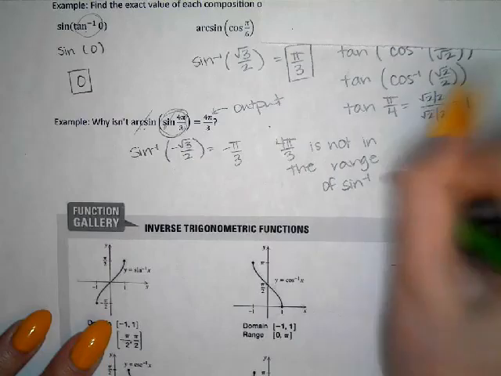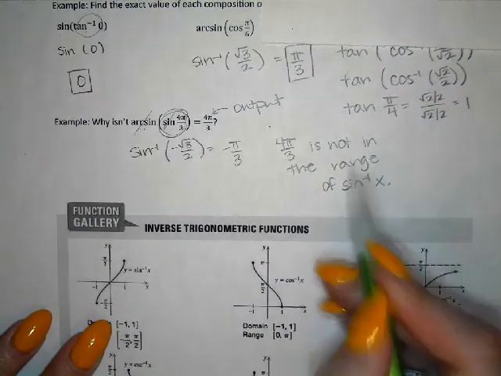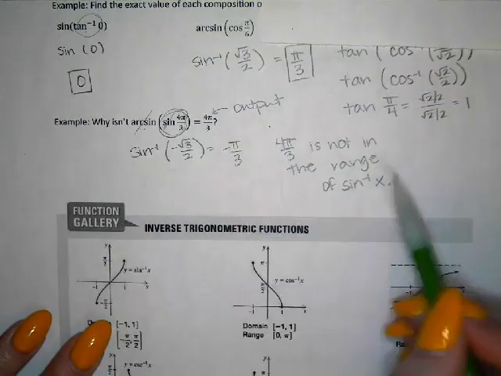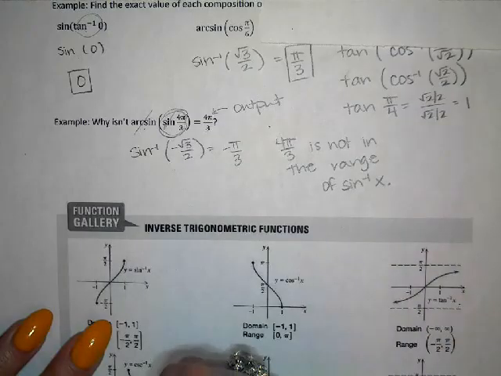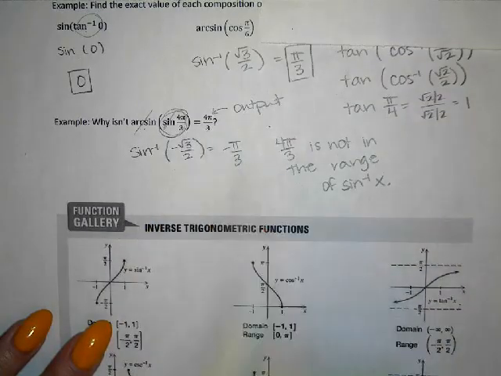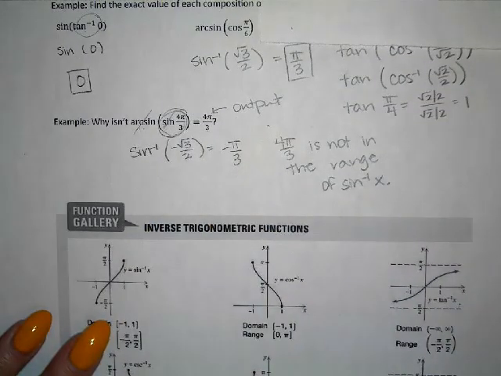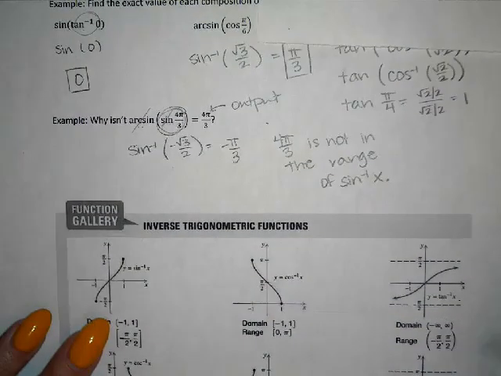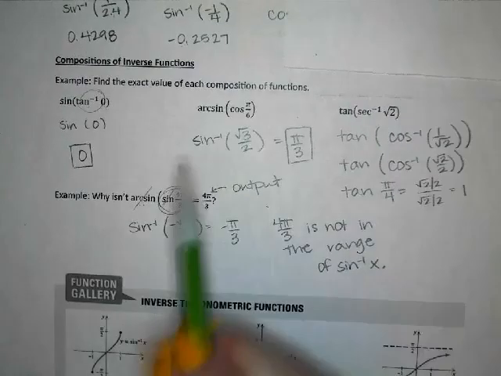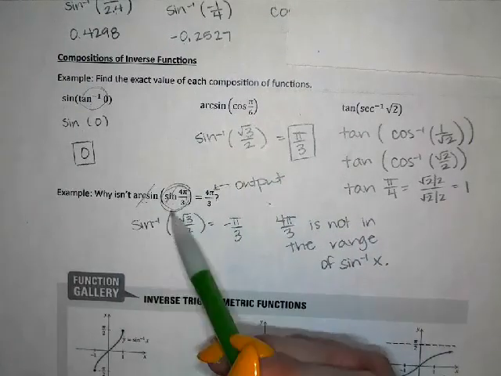So if 4 pi over 3 is not a possible output, it's not within the range of outputs, then you're not going to be able to cancel those and get that answer. So that's a little trick specifically about these inverse functions. The takeaway message for you is that if you're evaluating this, don't make them cancel, do the steps, show your work, and make sure that you get the correct answer.